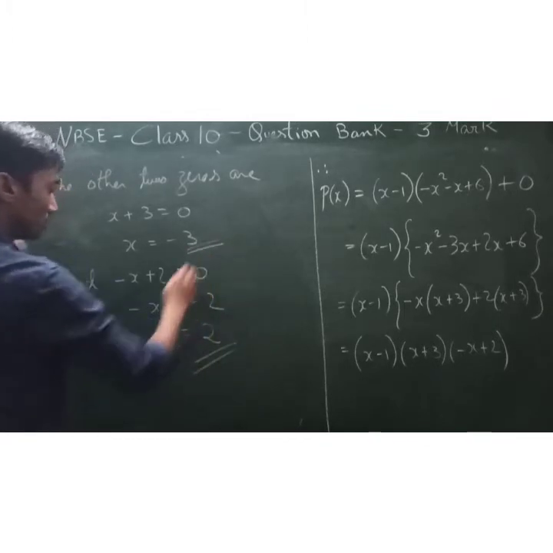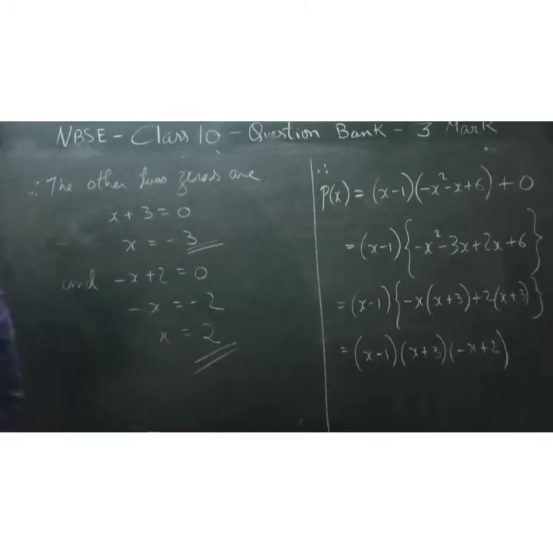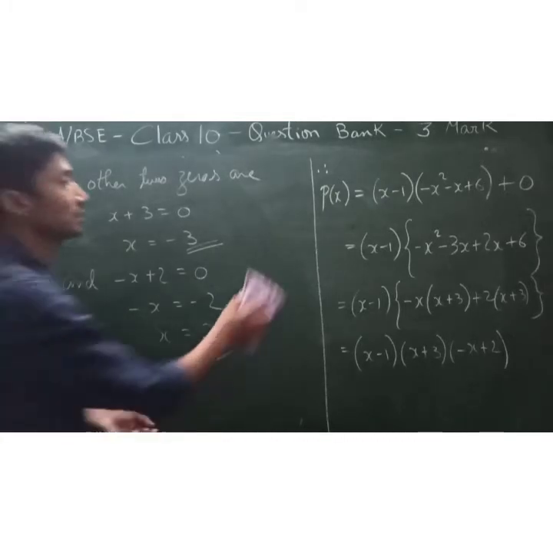So our other two zeros are x equal to 2 and x equal to minus 3. Alright, I believe that's perfectly fine. Okay, so you can pause the video here, you can write down. Alright, so let's move to the next question.